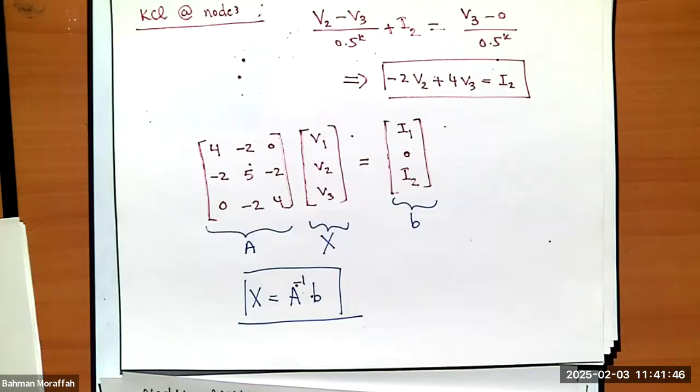We found node voltages. That's a very important point. Whenever we're doing nodal analysis, even though we're writing KCLs, what we're solving for is node voltages. We're going to learn when we're doing mesh analysis, as you can guess, we're going to write KVLs, right? So even though we're writing KVLs, what we're going to solve for is just going to be currents, which is the dual of this.